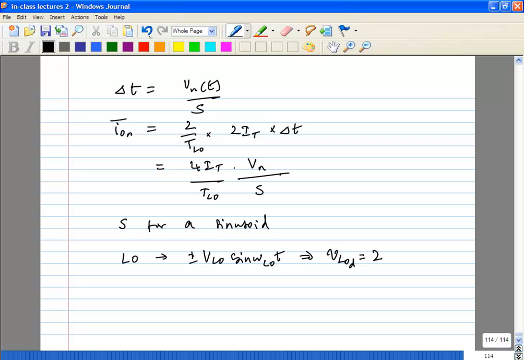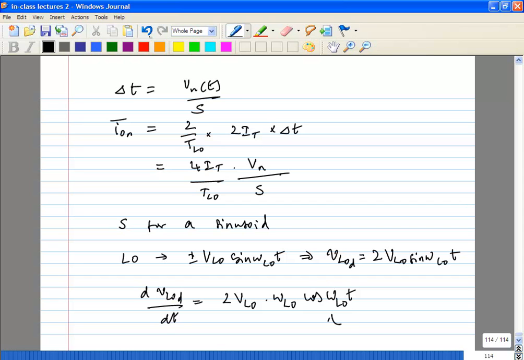The differential is of course 2 sin omega LO t. dVLO by dt is 2VLO omega LO cos omega LO t, and we are interested in the slope at the switching time, right?